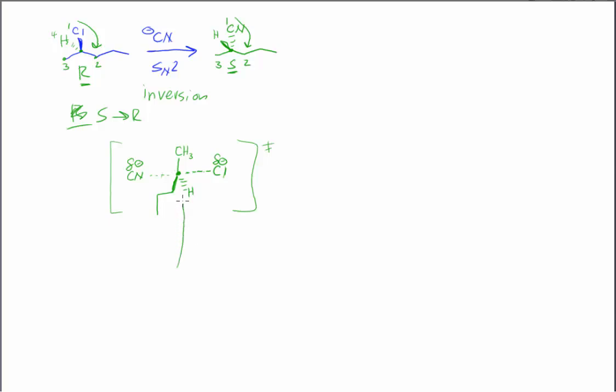So here I show proper stereochemistry. That's very important if we have indeed a stereocenter that we start with and we create the inversion of that stereocenter for the product. If we didn't start with a stereocenter, we could certainly do this as our SN2 demonstration.